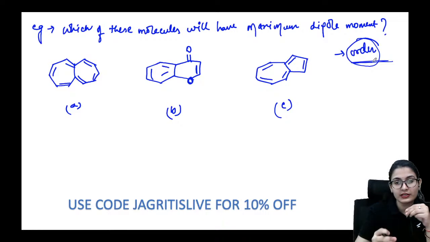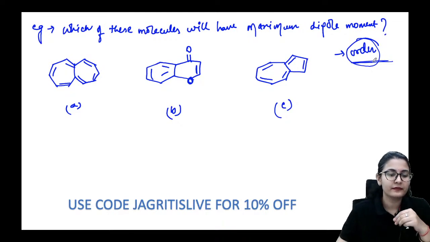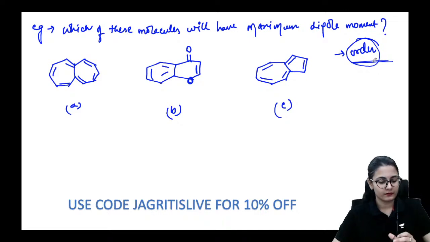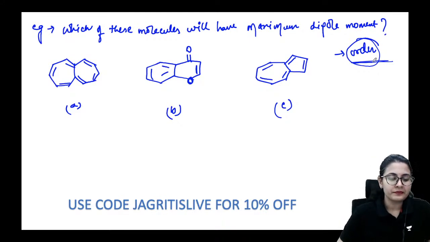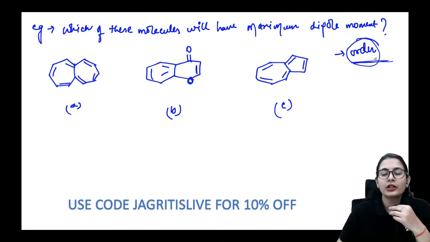The one having the maximum dipole moment in the first step. What will you say? What is the order of dipole moment? In these molecules, the dipole moment order could be directly explained by the aromaticity, isn't it?